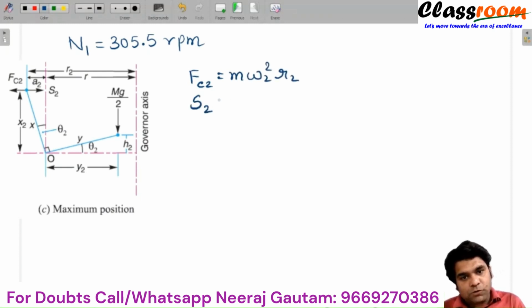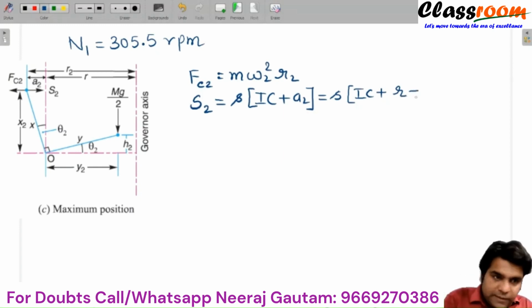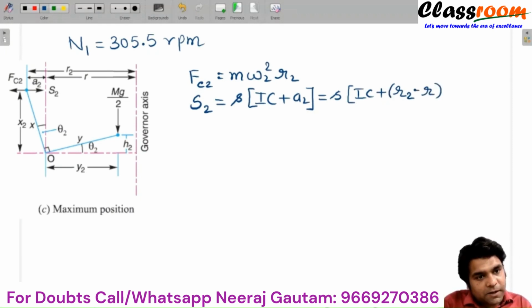The spring force S2 is the stiffness of the spring into initial compression plus A2, and IC plus A2 can be written as R2, the radius at maximum speed, minus the initial mean radius R. After substituting the values of small s, IC, R and R2, you can determine the value of Fc2 and R2.